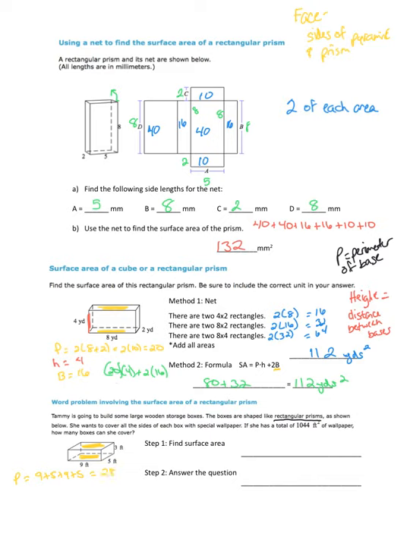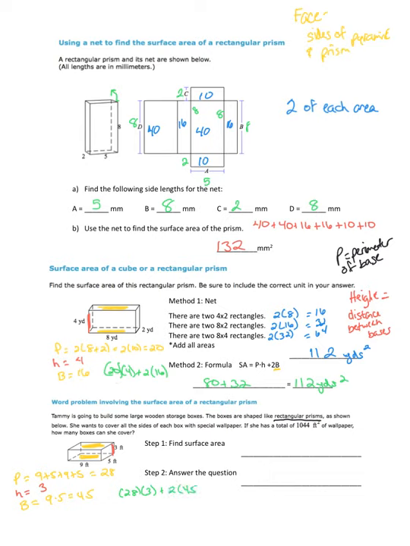The height, which we did in red, the distance between the two bases, height is 3. The area of the base is 9 times 5 is 45. Now I'm going to plug it into the formula. 28 times 3 plus 2 times 45.